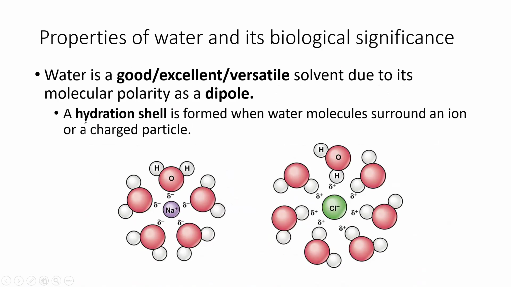A hydration shell is formed when water molecules surround an ion or charged particles. So this is the hydration shell that forms, and this is another hydration shell formed between the water molecules that surround the ions, either anions or cations.